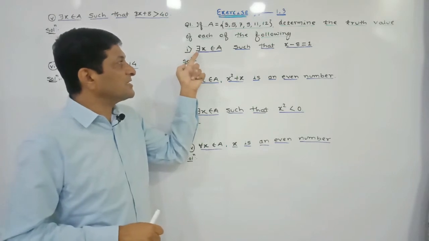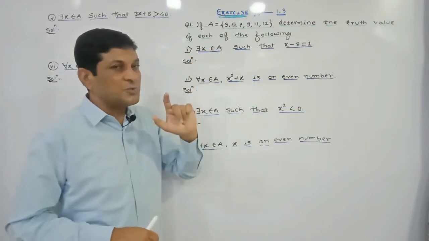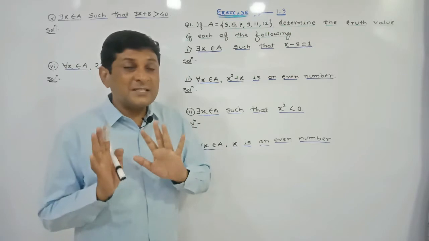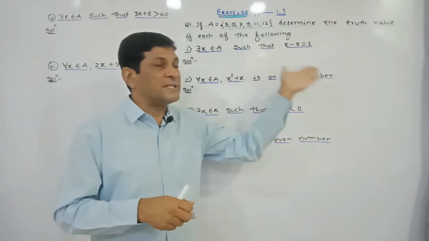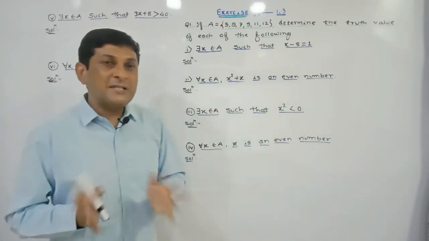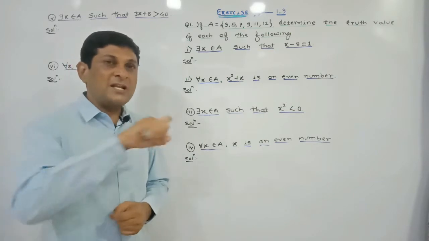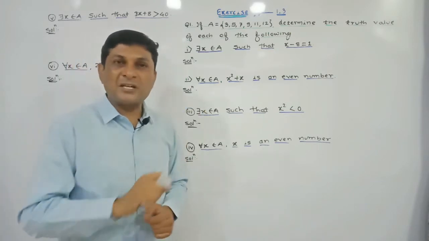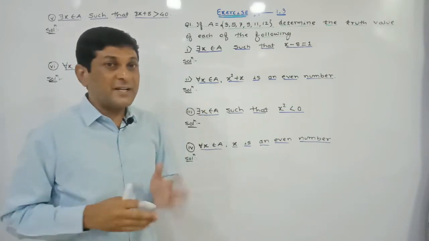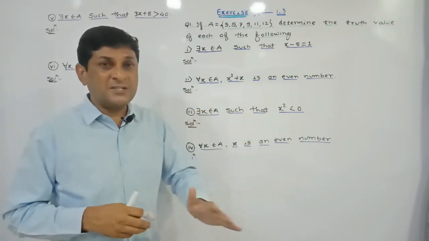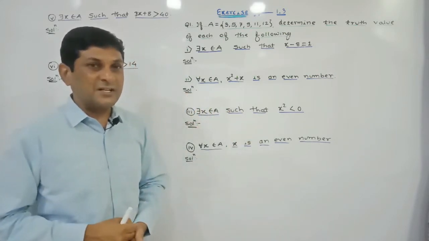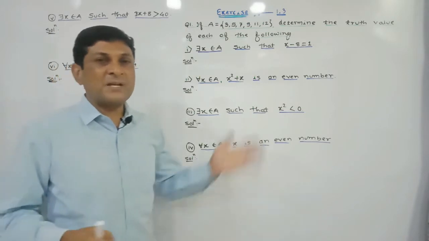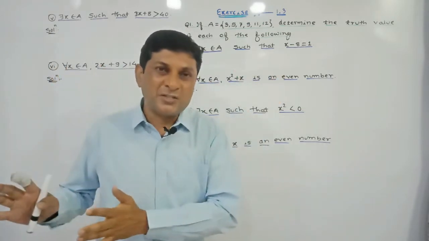Here it is given that there exists x belongs to A. There exists means at least one element satisfies the condition in the given example. That we have to check. If at least one element is satisfying, we can say that the statement is true. So hope you are getting it. If no element is satisfying this condition, at that time we can say that it is false.